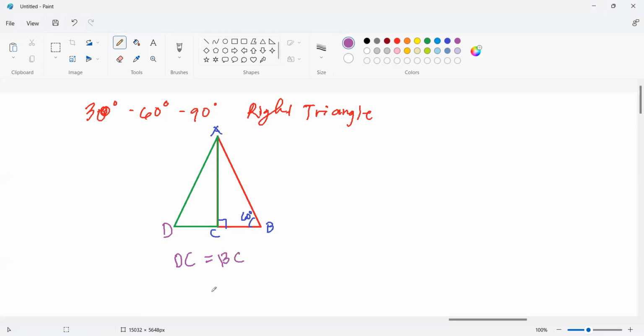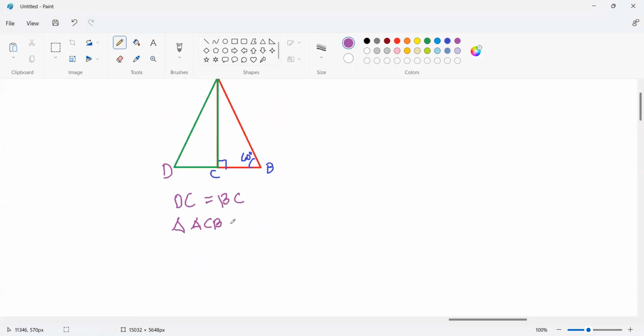AD is drawn. Then triangle ACB is congruent to triangle ACD. Okay. So, consequently, the degree measure of angle D is 60 degrees.